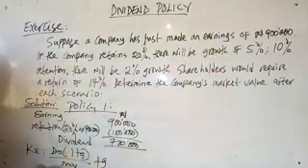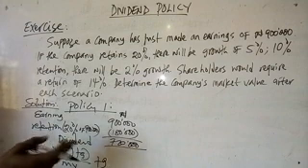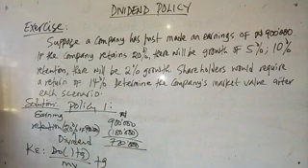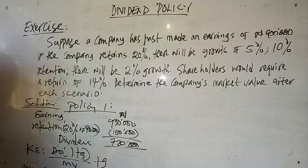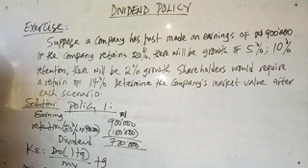So this is what we are looking for. We can make MV the subject of the formula. How do we do that? We just bring this here. So by making it the subject of the formula, we have MV is equal to D0 times (1 plus g), all over Ke minus g.